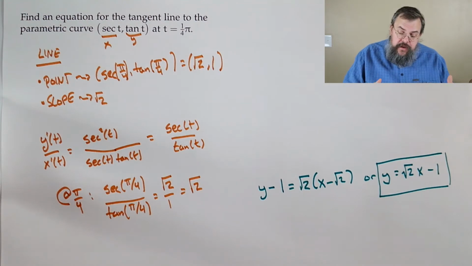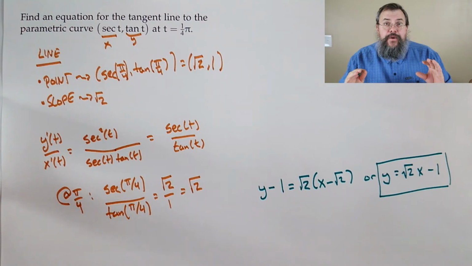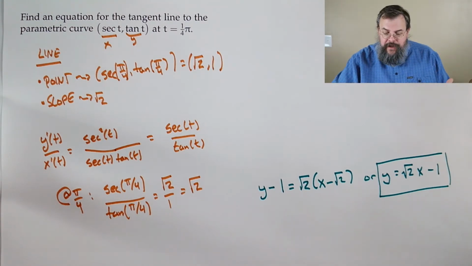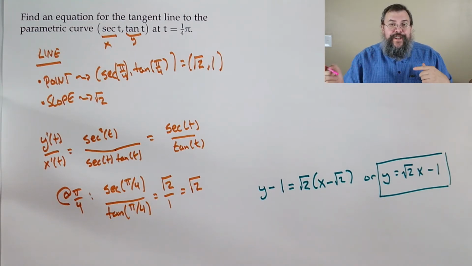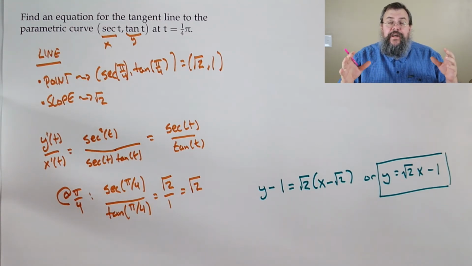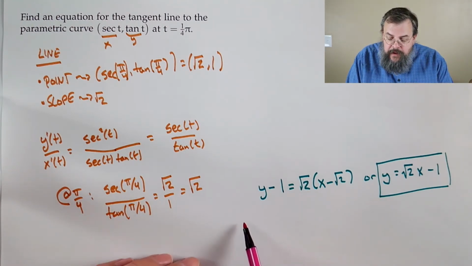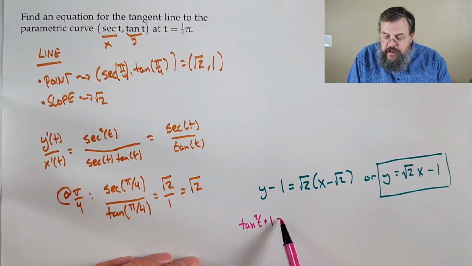Now on a side note, the problem doesn't ask us to do this. We're actually done. But we can push just a little bit further, if we're looking at whether we understand what's going on. Secant and tangent aren't just random. They often go together, and the reason is there's a beautiful trig identity that connects them: tangent squared plus 1 is equal to secant squared.